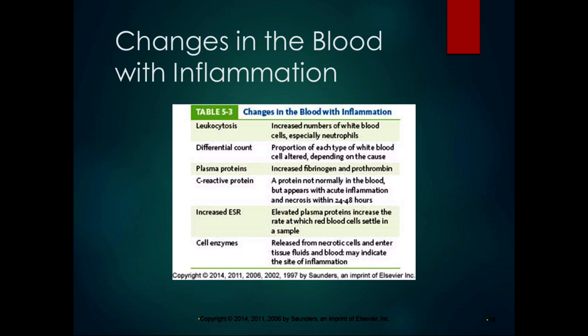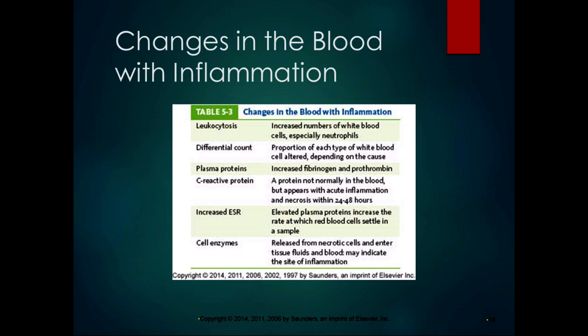Increased erythrocyte sedimentation rate: elevated plasma proteins increase the rate at which blood cells settle in a sample. Erythrocyte sedimentation rate is a test that often indicates what's going on in the system.